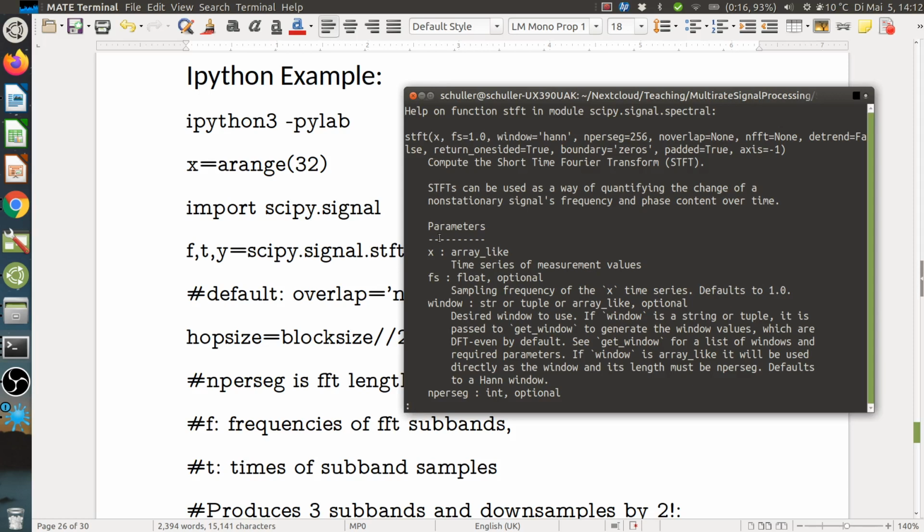The first argument is the time series. The second argument, which is optional, is to give it a sampling frequency. Here we don't do it because we assume a sample signal anyway, and the sampling frequency defaults to 1. Then we can also specify a window function. The default is a Hann window, but there are also alternatives.